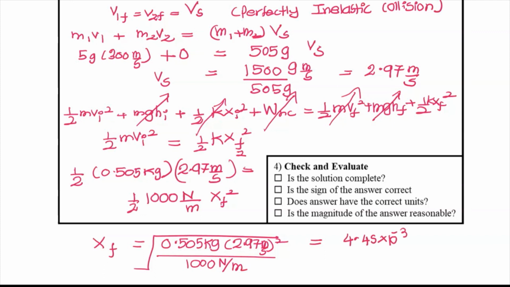I'm going to show you how I get the unit meters here. Divide by the SI base unit of newtons, kilogram meters per second squared, and then divide by meters again, because newtons per meter is the SI unit of a spring constant, and then take the square root of the whole thing. You will get 0.0667 meters or 6.67 centimeters.